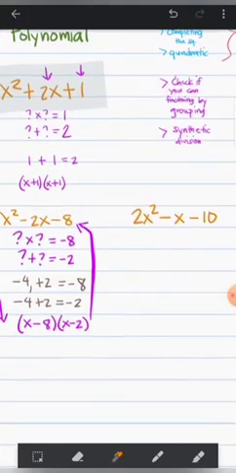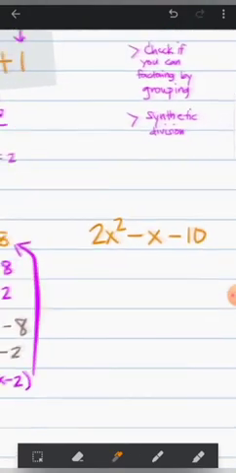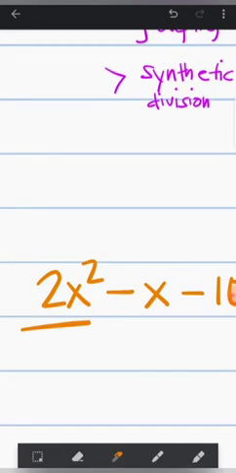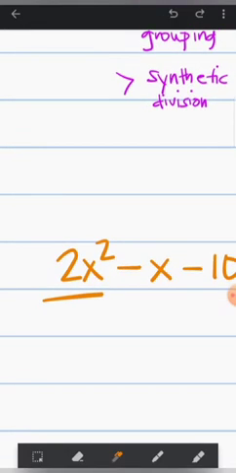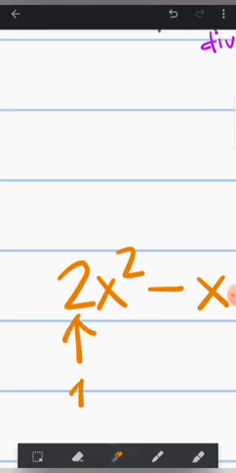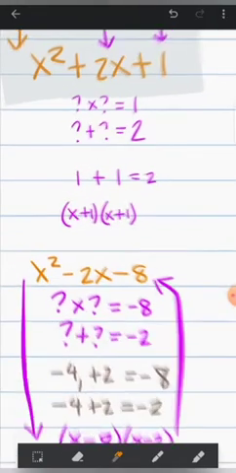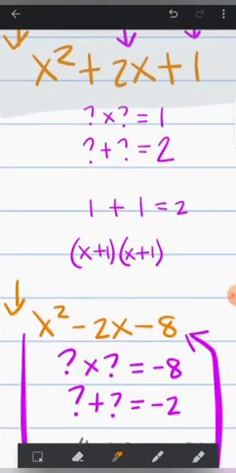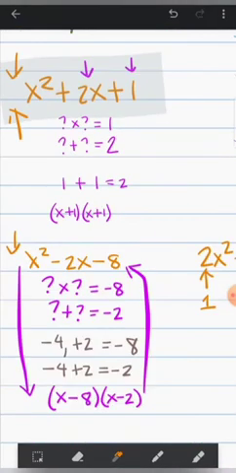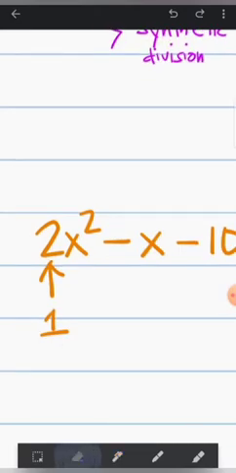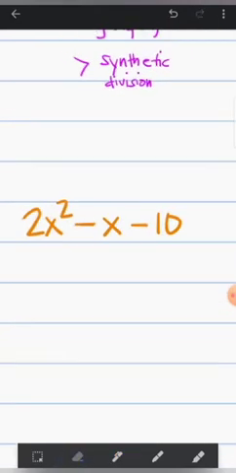Notice that the coefficient of the term which has the highest degree, of our example is no longer 1. So the coefficient here is no longer 1, but rather greater than 1. Notice here and here, the coefficients were just positive 1. But here, we have positive 2. So how do we solve it now?